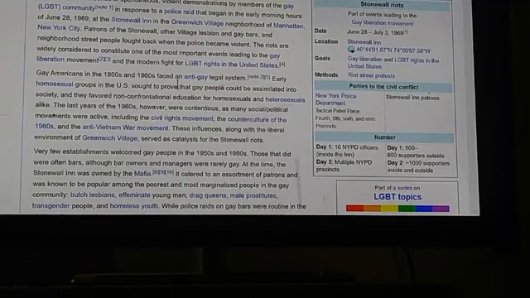Now, gay Americans in the 1950s and 1960s faced an anti-gay legal system. Early homosexual groups in the U.S. sought to prove that gay people could be assimilated into society, and they favored non-confrontational education of homosexuals and heterosexuals alike. The last years of the 1960s, however, were contentious as many social and political movements were active, including civil rights, right?